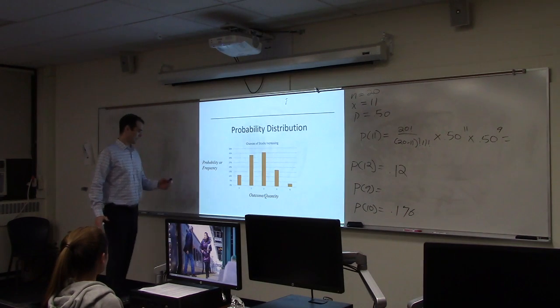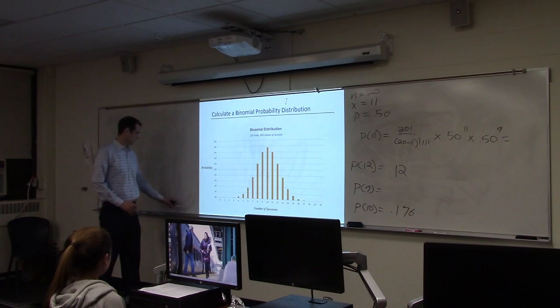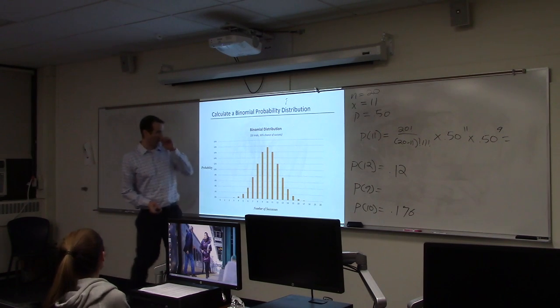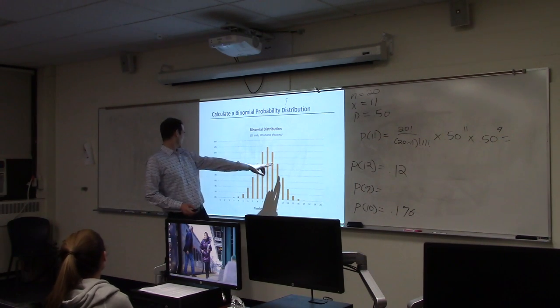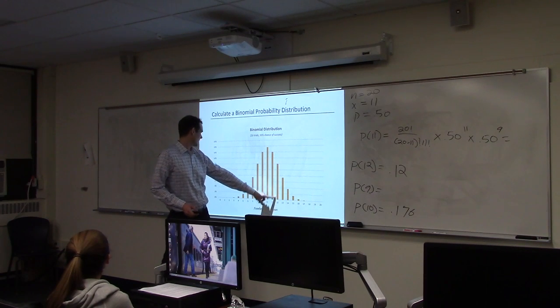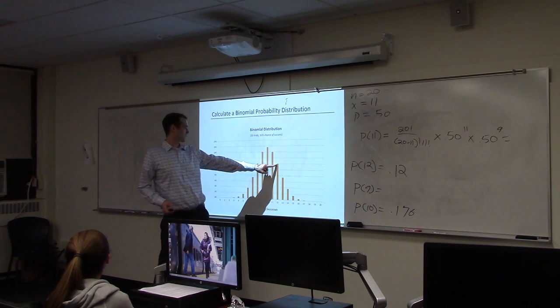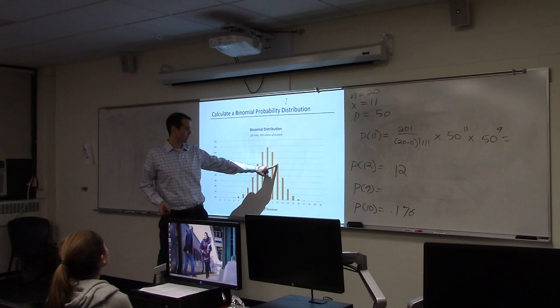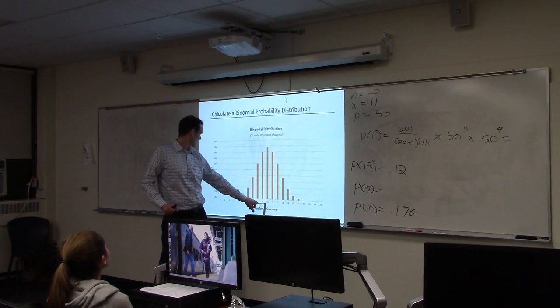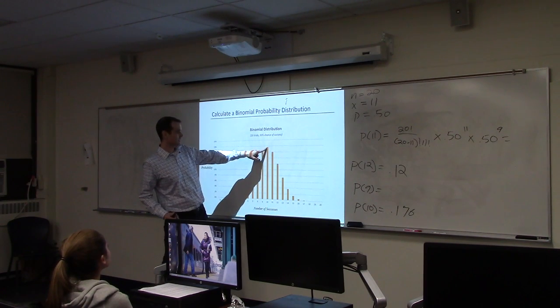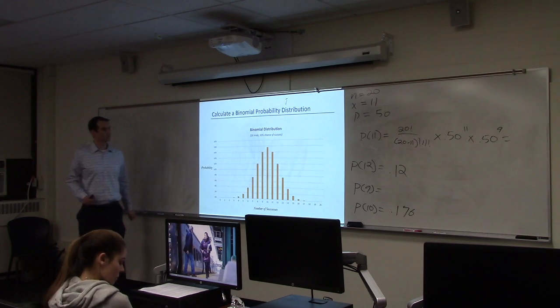So I've got all these calculated out. For 12, I get about 12%, which is right. For 10, I get about 17.6%.